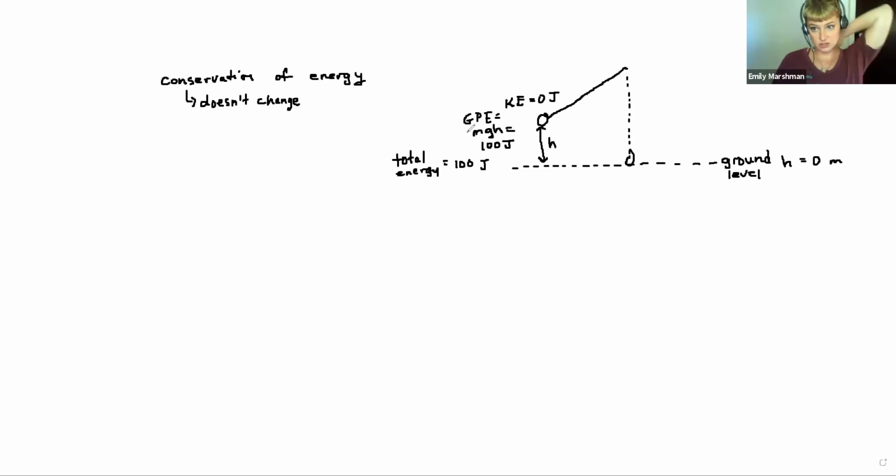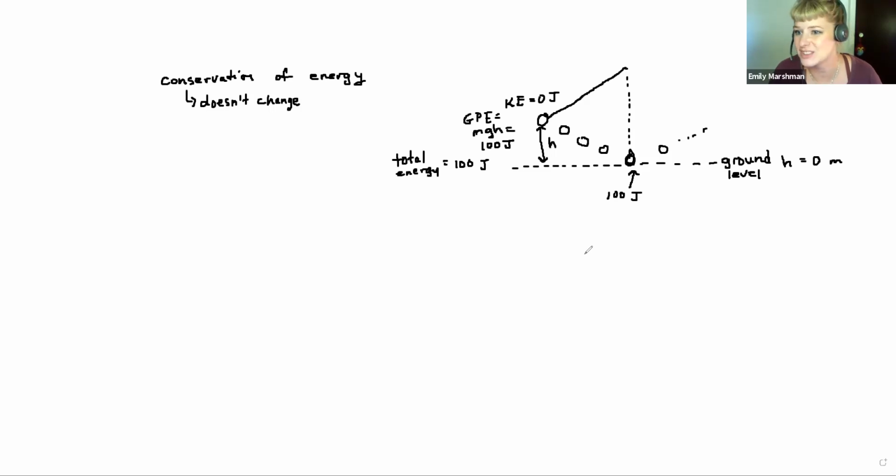What conservation of energy says is that for this system, the child on the swing, wherever the child is in the swing, they're always going to have 100 joules of energy, because that's what they started with. So when you get to the bottom of the swing, they have 100 joules of energy there too.